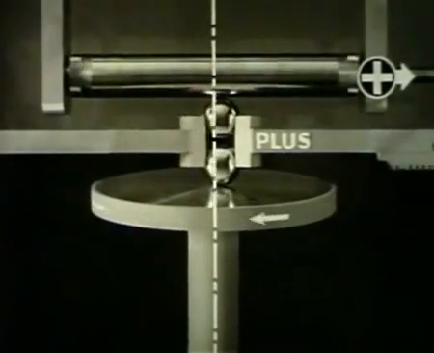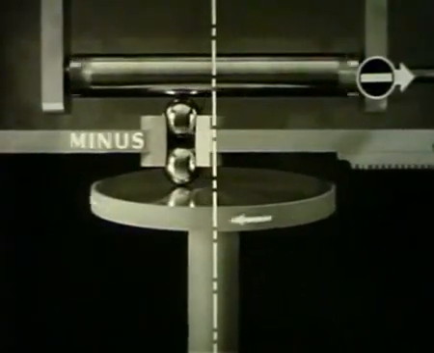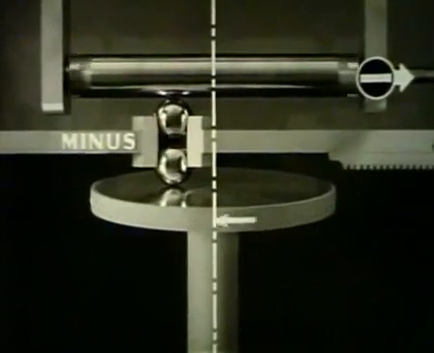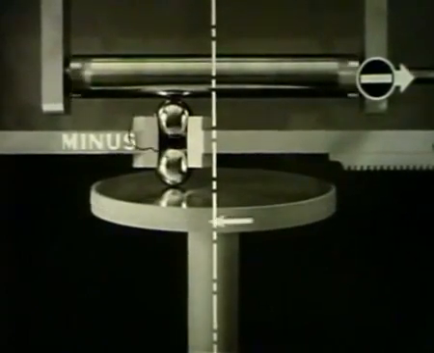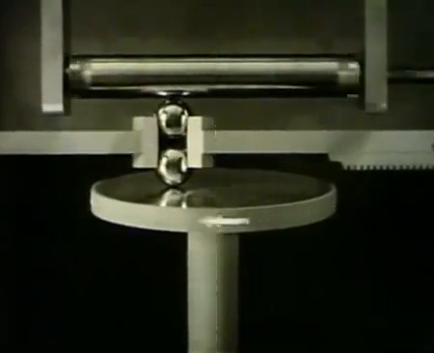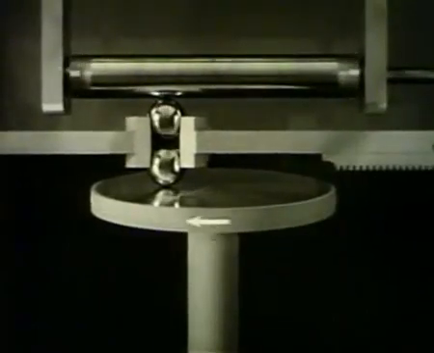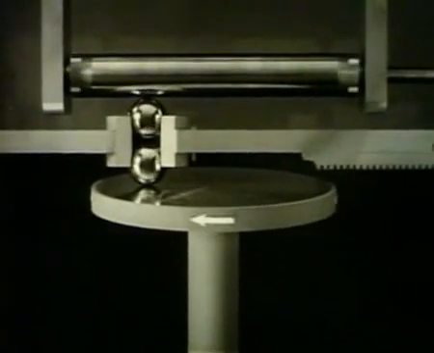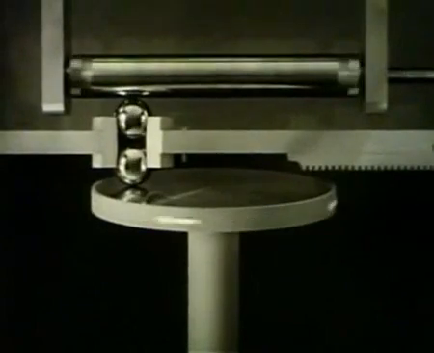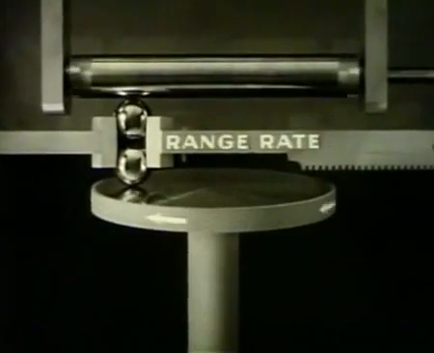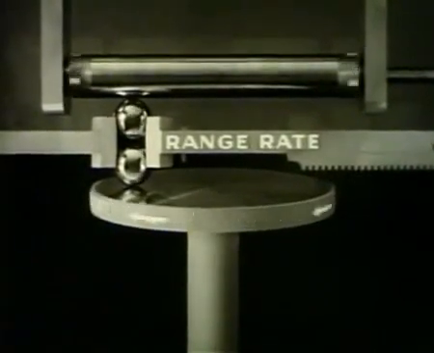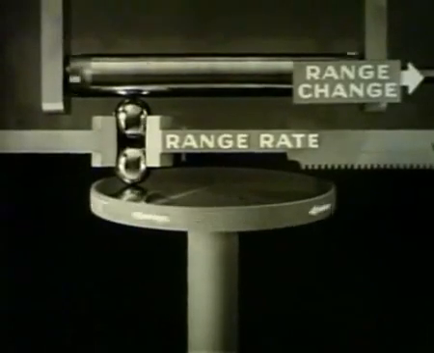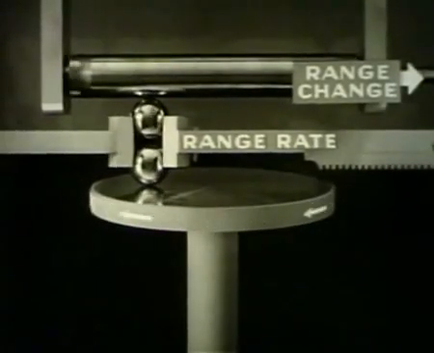The other side then is used for minus range rates, with the output subtracting range change from initial range. Thus, with any range rate, high or low, plus or minus, the integrator continuously multiplies range rate by time and delivers range change, which is the effective sum of all changes.